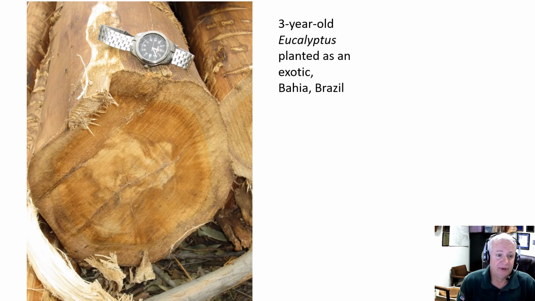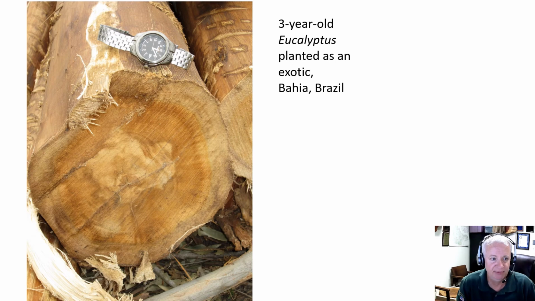Here's another example, Eucalyptus. Eucalyptus is a genus that's native to Australia, and there are 200 or 300 species of eucalyptus that grow in Australia. But a few of those species and their hybrids are grown throughout the world as exotics. So this is a 3-year-old eucalyptus.